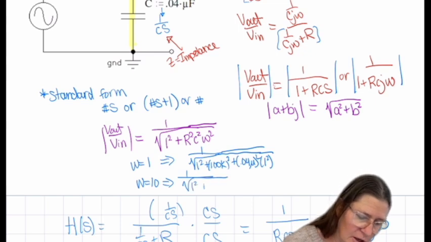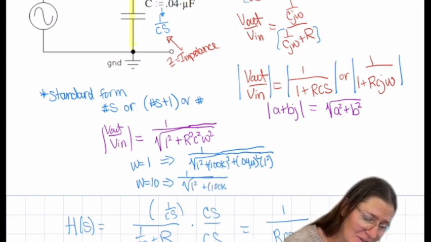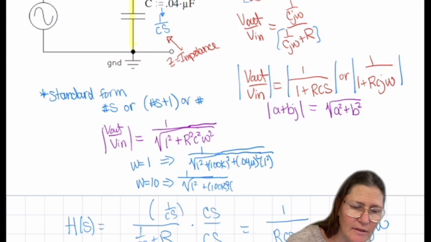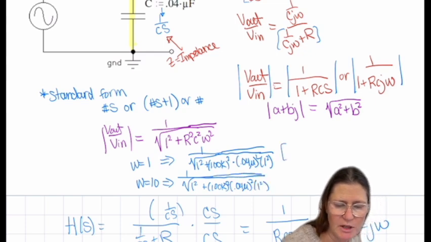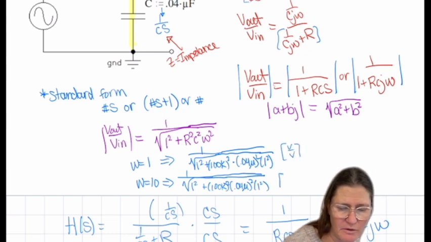I'm just going to write this out so you have it in your notes. Sorry, this is not a plus. So these are multiplied, 0.04 micro squared and 1 squared. These are all going to be in volts per volt.